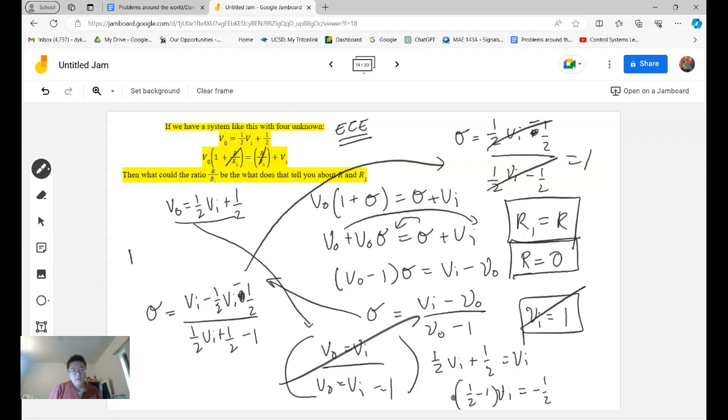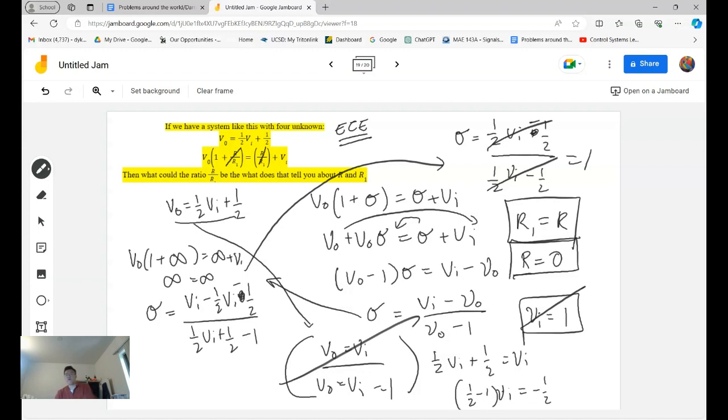So then we have V0 times 1 plus infinity equal infinity plus Vi. Actually, this is a possible solution. So infinity equal infinity, which means the voltage is infinity, or the voltage has to be infinity.